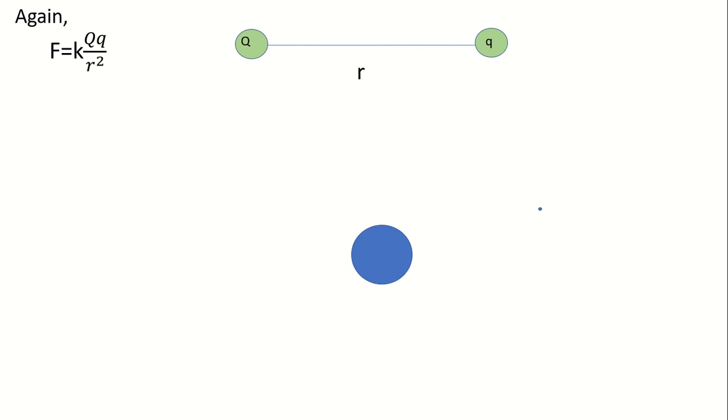That means between plus Q charge and small q charge there will be a force of attraction or repulsion. As these two charges are of the same type, there will be a repulsive force, and that is Coulomb force.